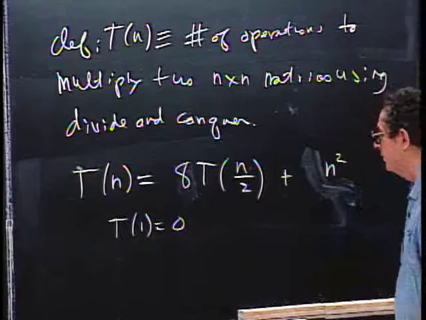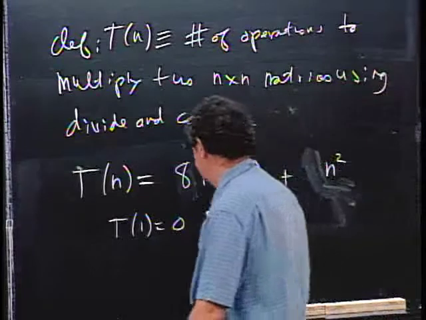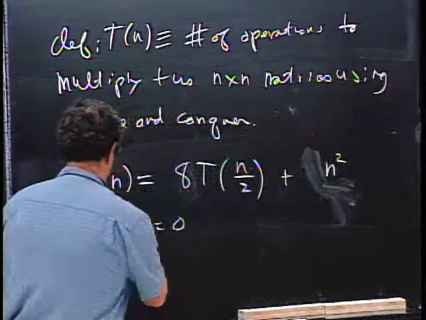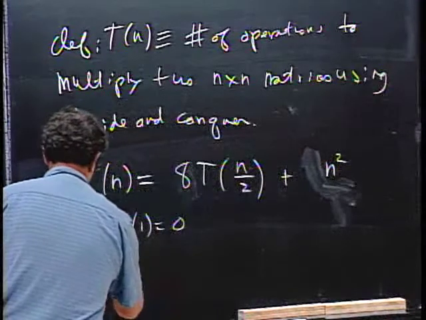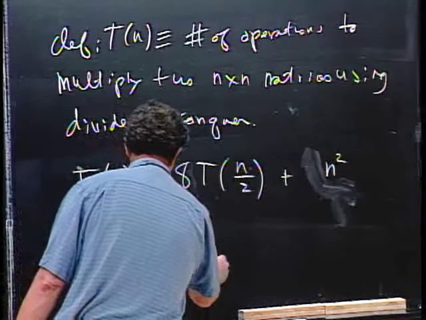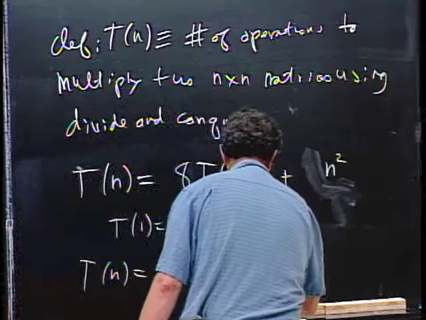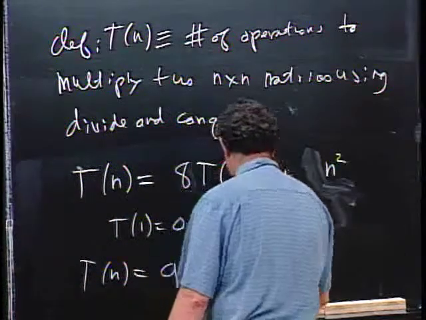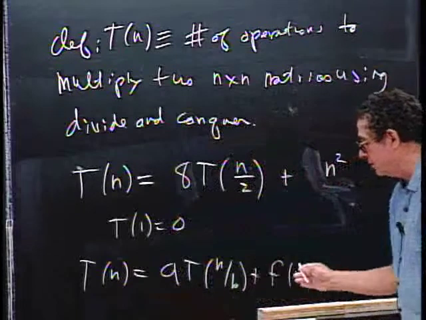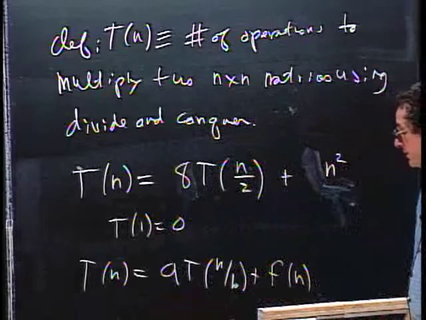It's just a more formal version of that. And remember, in the master method, let me write out the general form: T(n) = aT(n/b) + f(n). So this is the general version of the divide and conquer recursion that's treated in the master method.